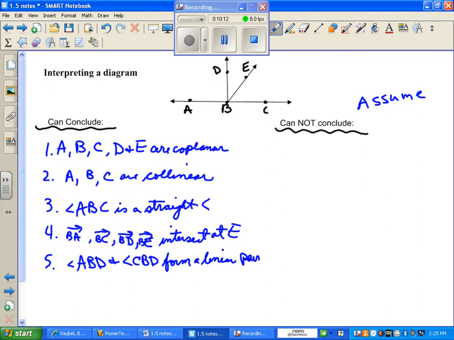They form a straight line. That's a linear pair. And you can also conclude that angle ABD and angle CBD are supplementary.